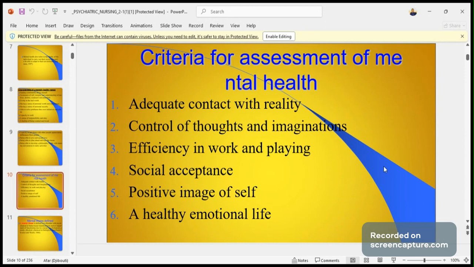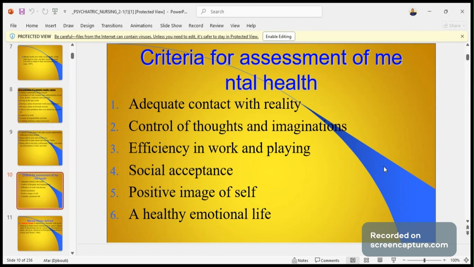So look at this: control of thoughts and imagination. If we are assessing somebody who is not mentally healthy, some of them have very crooked imagination. Some of them tend to think that now they are possessed with the Holy Spirit. They can now prophesy. They can actually tell you predictions. They talk alone. Some of them end up going to Jivanjee Gardens and start forming some small congregation of fellowship and preach to them their own interpretation of the Bible.